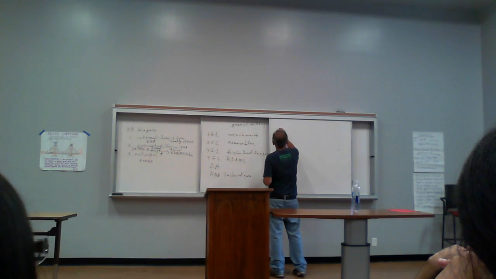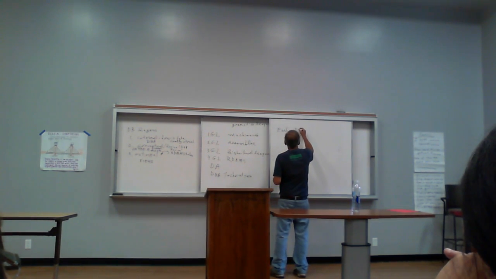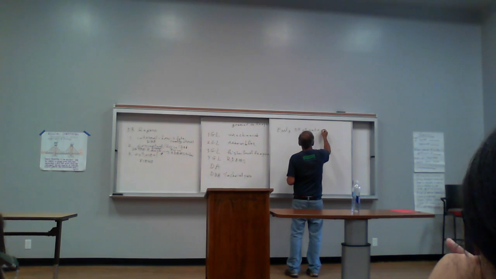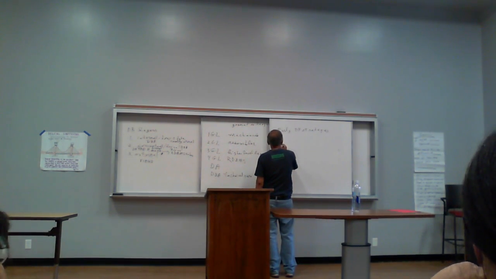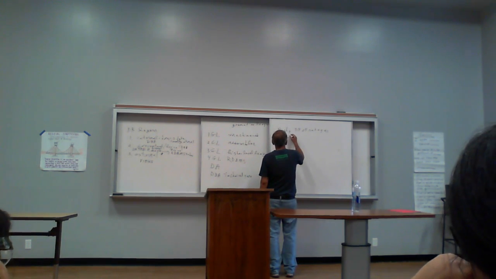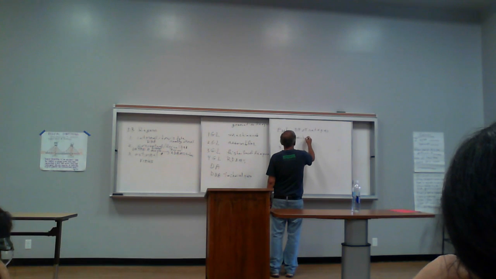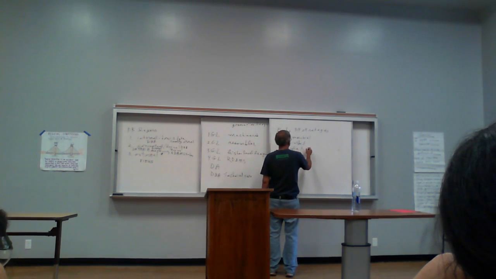Early database strategies were divided into three categories. Typically, people talked about hierarchical databases, linked databases, and relational.